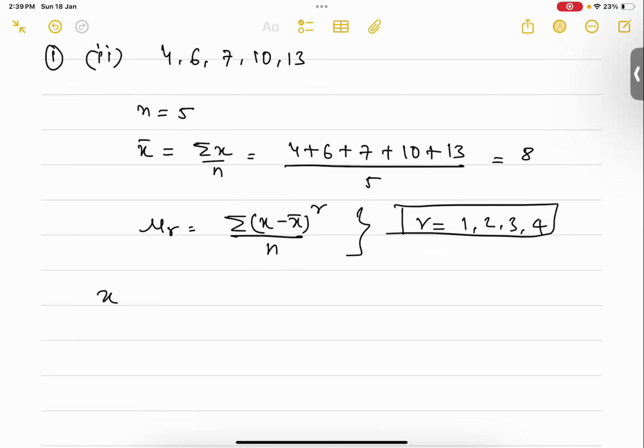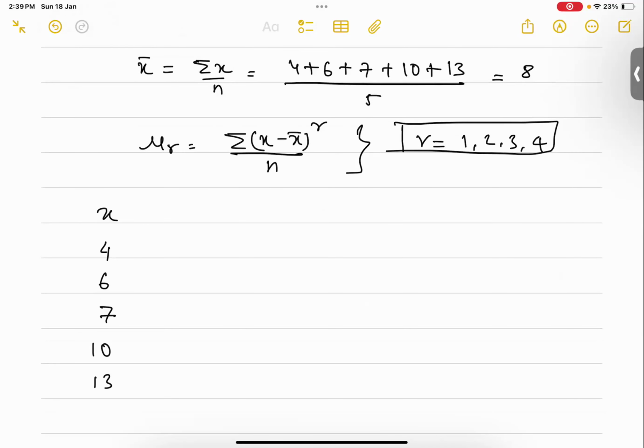So mu 1 is summation x minus x bar raised to 1. Raised to 1 means nothing. Upon n. What is n? N is 5. So in this particular formula, I am putting the value of r as 1.